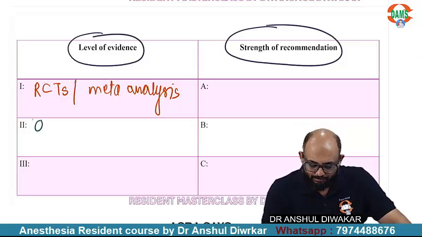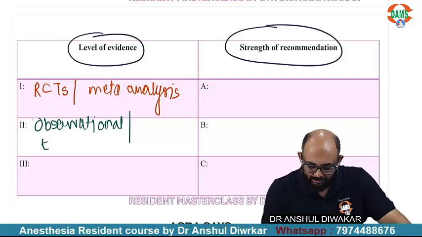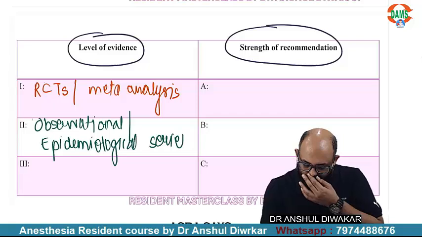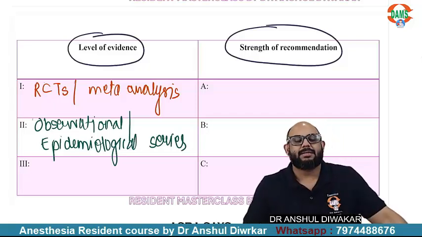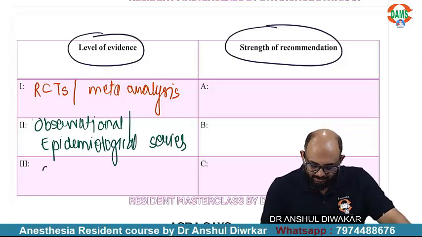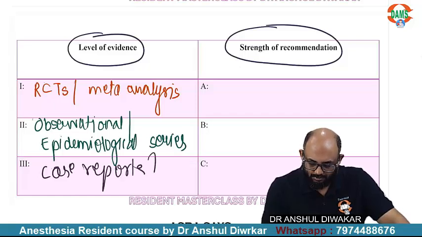When it is based on observational or epidemiological studies, epidemiological series, then it is considered as level of evidence 2. And 3 is when it is based on case reports or expert opinion.